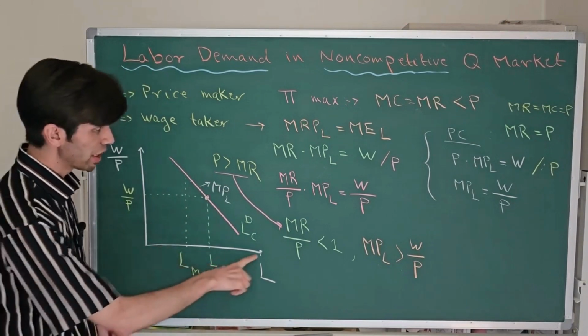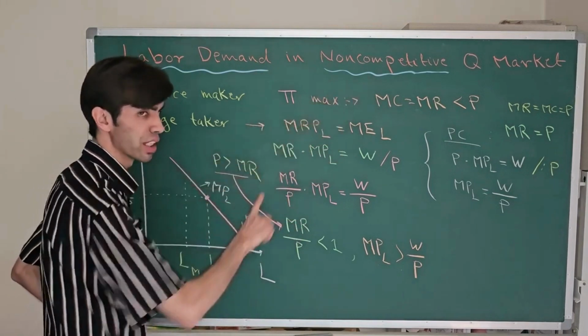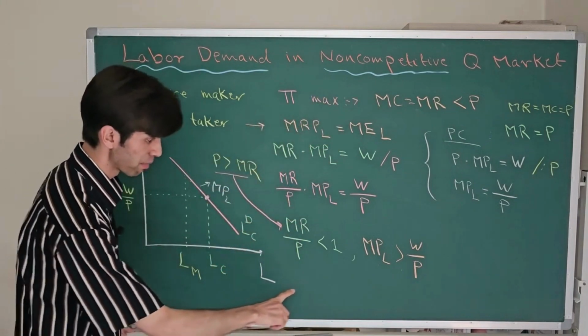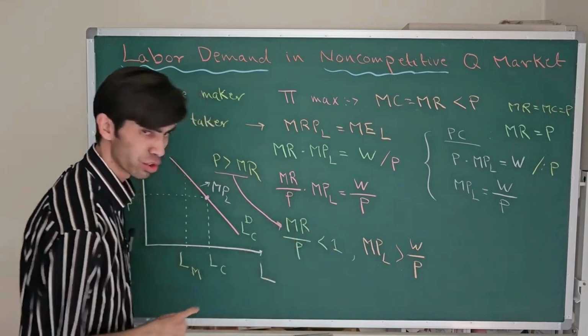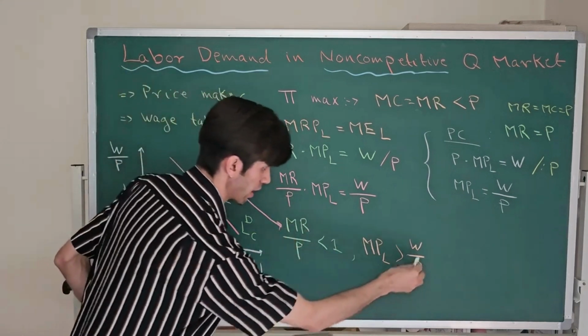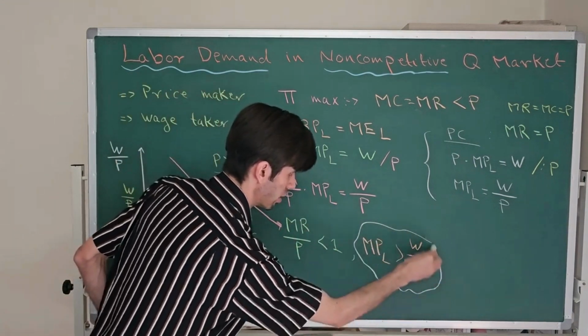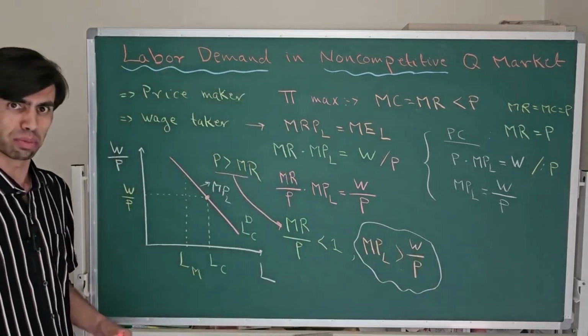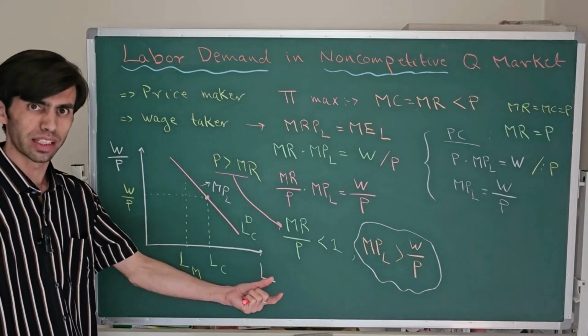But when a non-competitive output market exists, this other expression should be satisfied. This is the optimal condition, where the marginal product of labor should be more than the real wage rate.